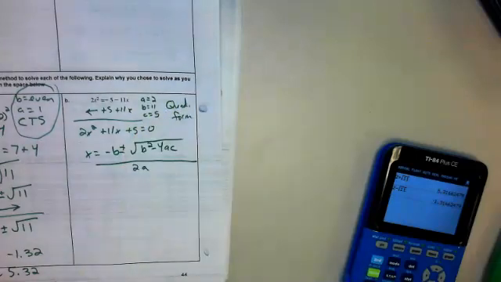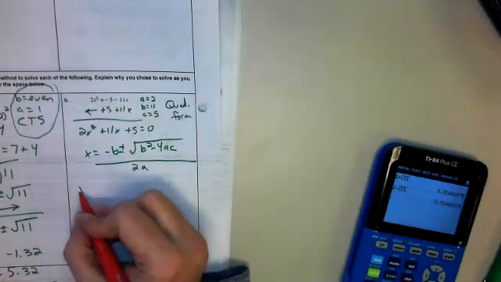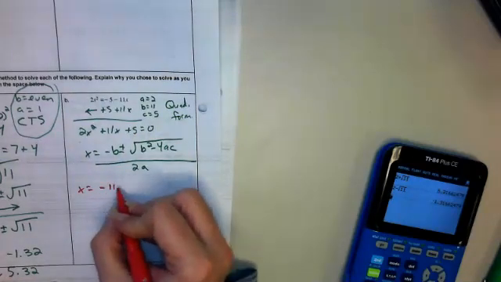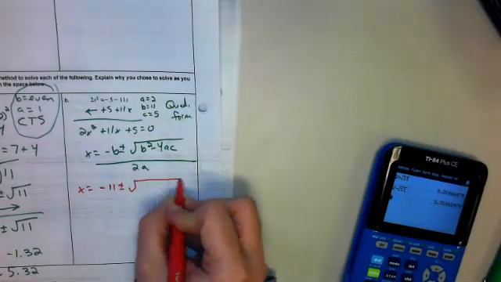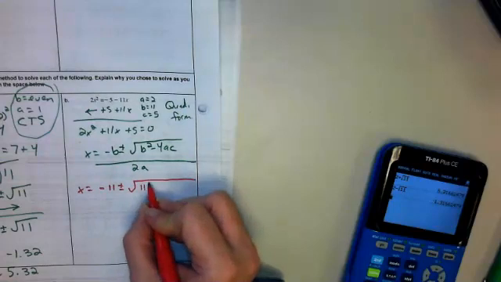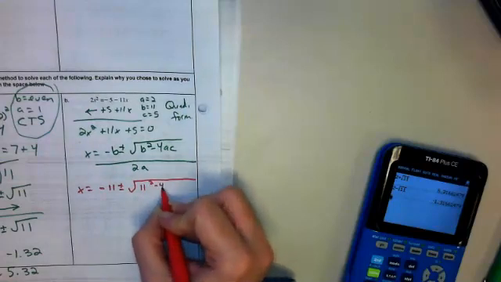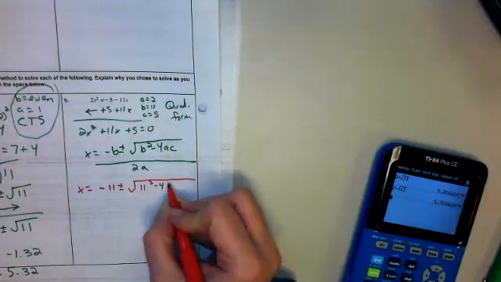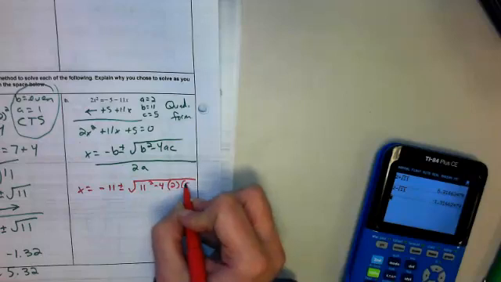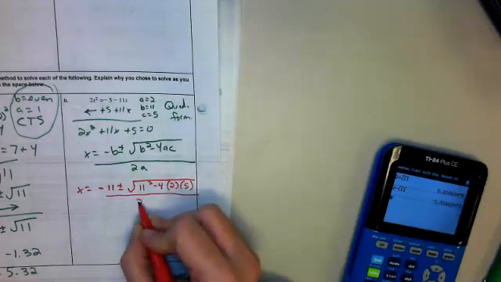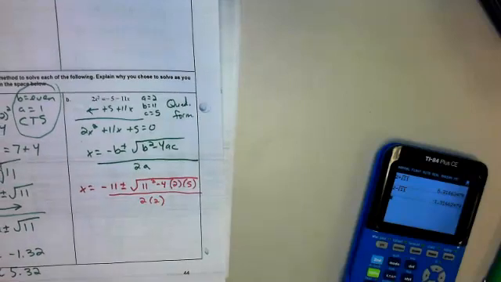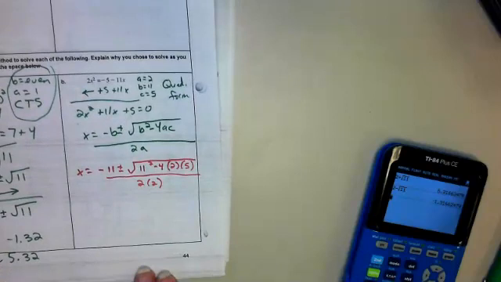Switch colors here to mix it up. X equals negative 11 plus or minus the square root of 11 squared minus 4 times 2 times 5 all over 2 times 2.